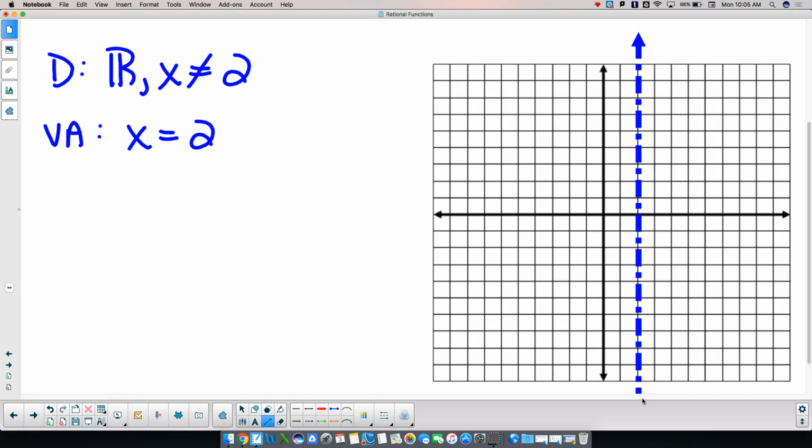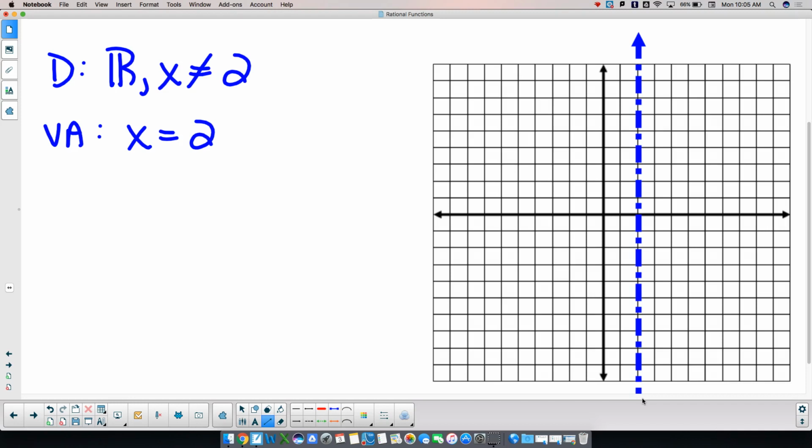So for you, when you're putting your vertical asymptotes or your horizontal asymptotes or your next week slant asymptotes onto your graph, you want to make them distinct.